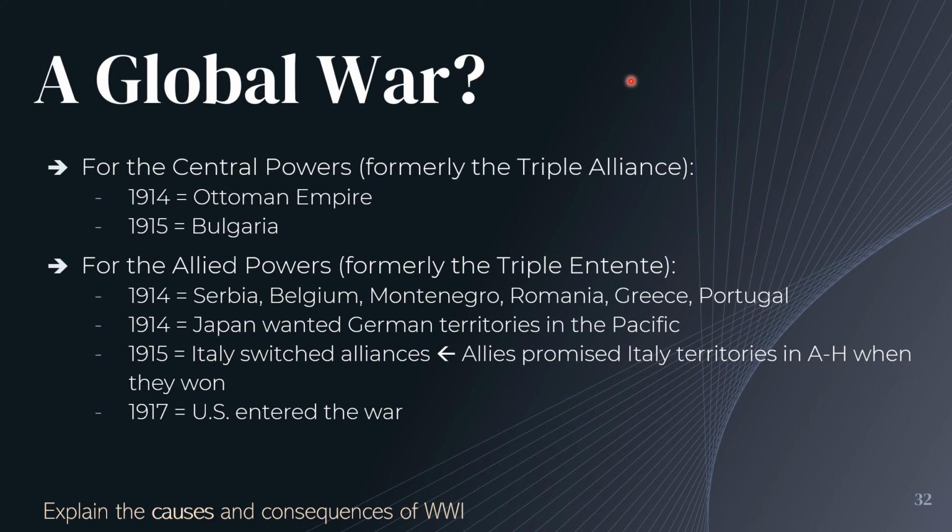So we've got growing alliances. As I mentioned before, also the powers would bring in their colonies. 1917, the United States officially entered the war. We had been involved before that. We had an official policy of neutrality, but in reality, we had been involved before 1917.